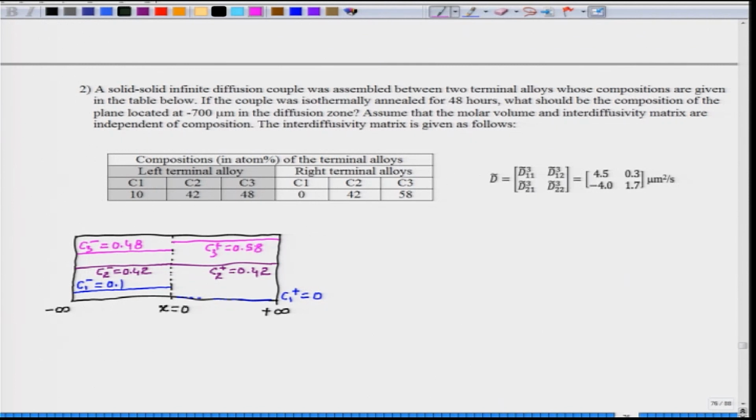So, this is the initial concentration profile. You can see it is a step function, there is a discontinuity at x equal to 0, except for C 2, because in this case C 2 is constant on both sides.